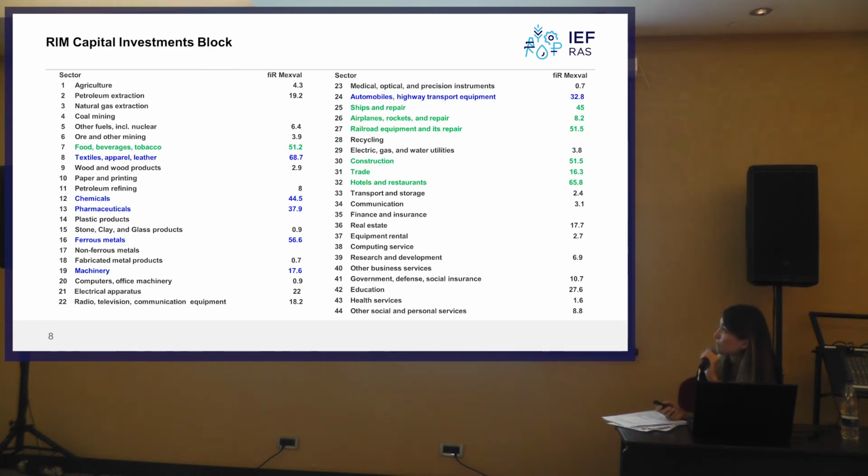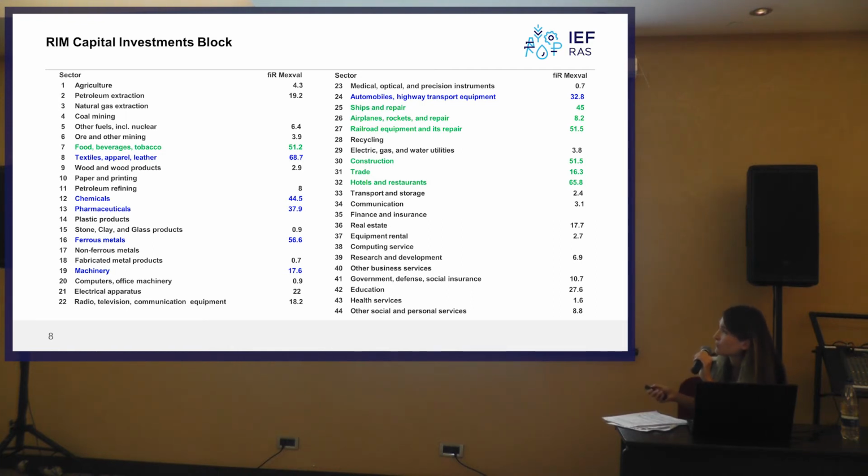With the new data, the t-statistic of the credits variable grew for the sectors textile, chemicals, pharmaceuticals, ferrous metals, machinery, and automobiles and highway transport equipment.